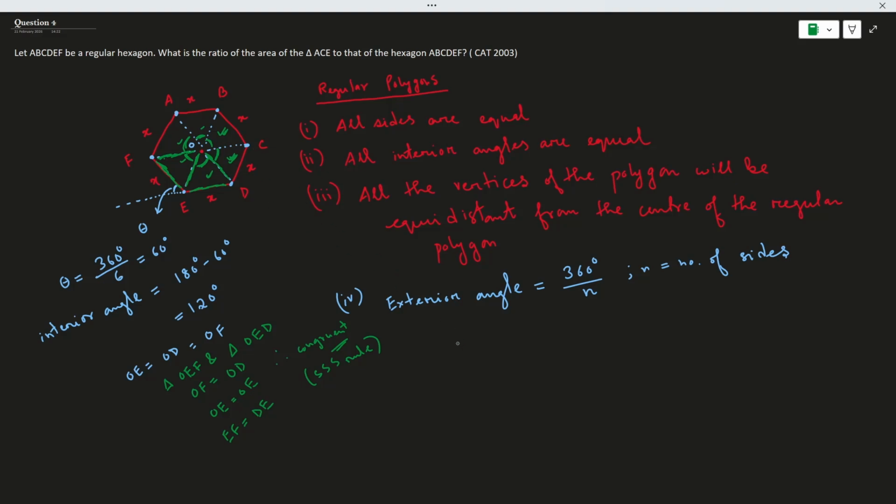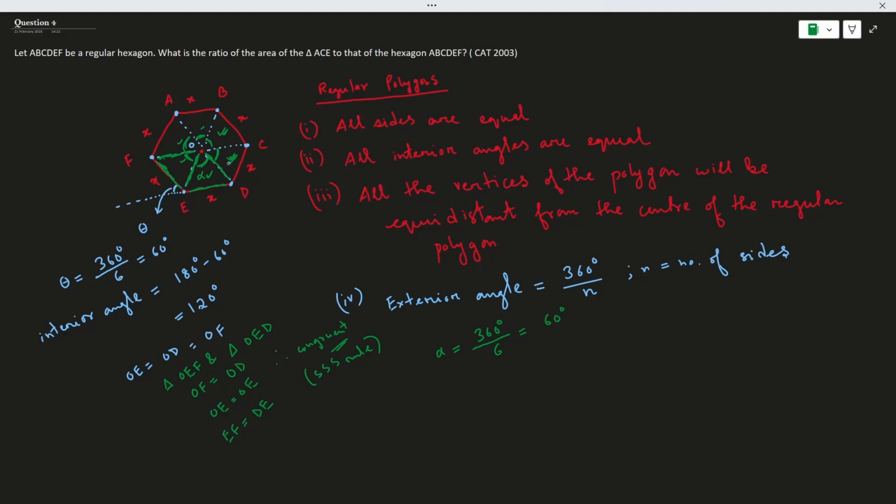So suppose this is alpha. What will be alpha? Alpha will be equal to 360 degrees. This is a complete angle and it is divided into 6 equal angles. So each angle will be equal to 60 degrees. So alpha is equal to 60 degrees.